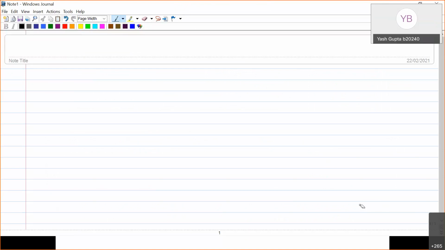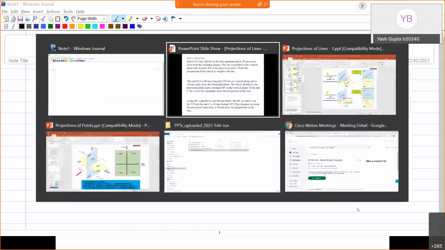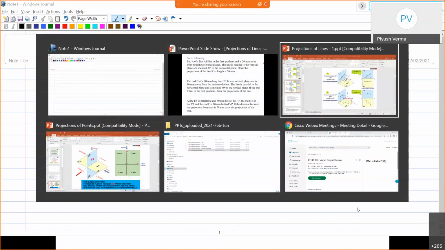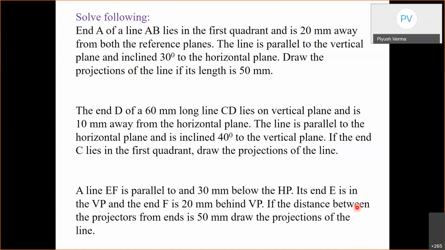So the question is not visible now. So maybe I'll try to draw it. It says that end A of the line is in the first quadrant. So that means it will be above the horizontal plane and in front of the vertical plane, and it is 20 mm from both the reference planes.